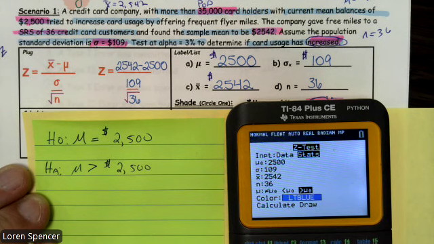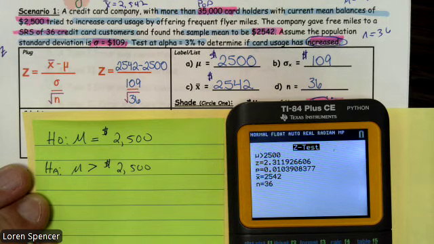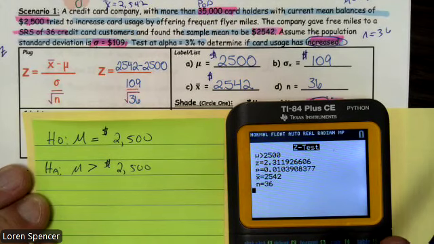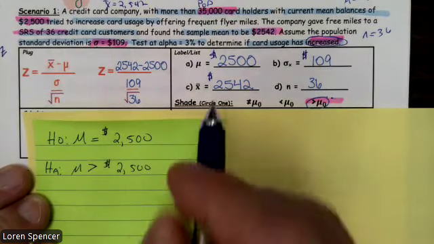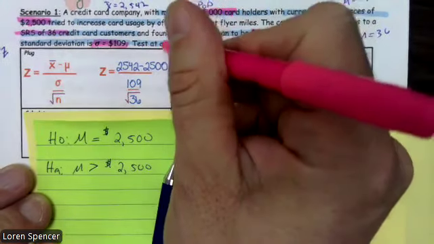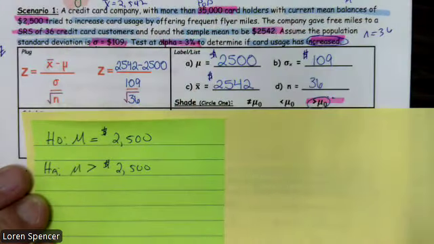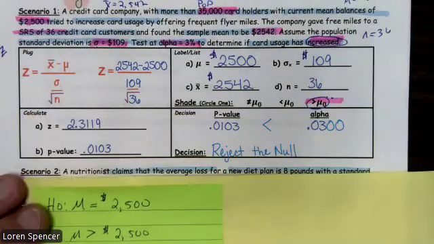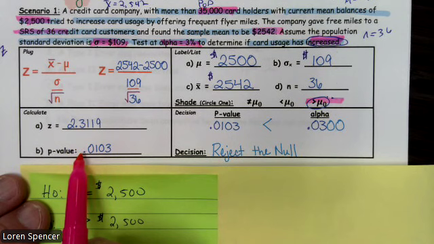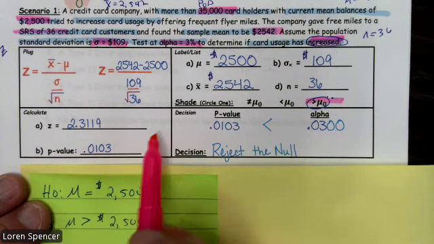All right, and I go ahead and hit calculate. And I get a Z statistic of 2.3119 and a p-value of 0.01. All right, and they said, hey, we want to use an alpha of 0.03. So there it is, Z of 2.3119, p-value 0.0103.